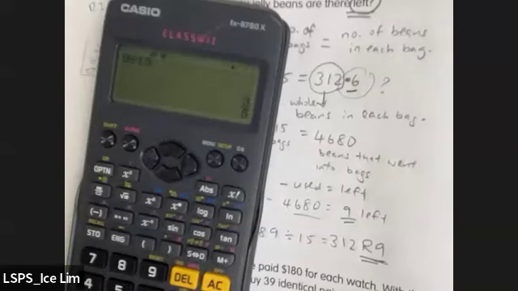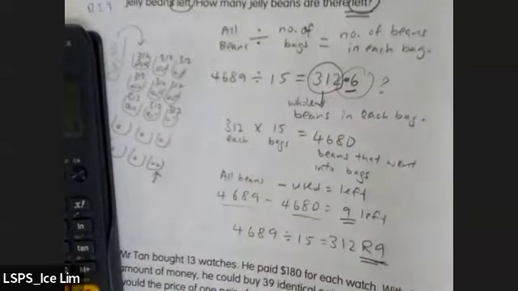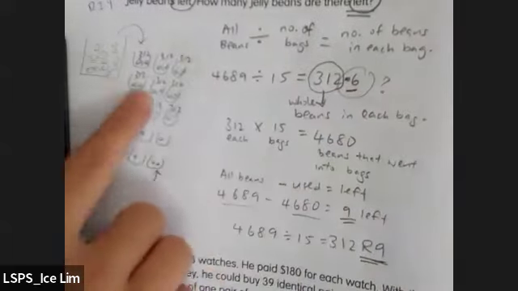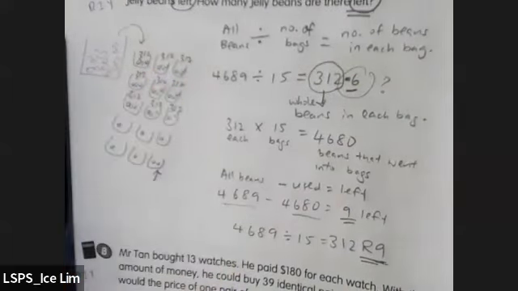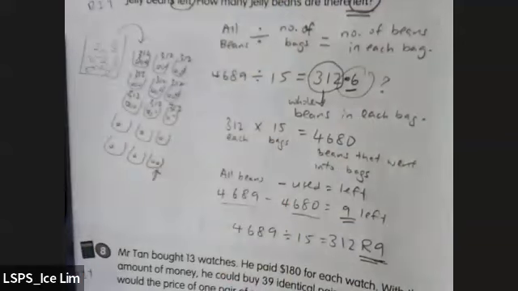What's the answer? 0.6. Can you see where the 0.6 is now? The decimal means some of the bags are going to get something extra, which is the 9. So 9 out of 15 bags are going to get extra if that happens.